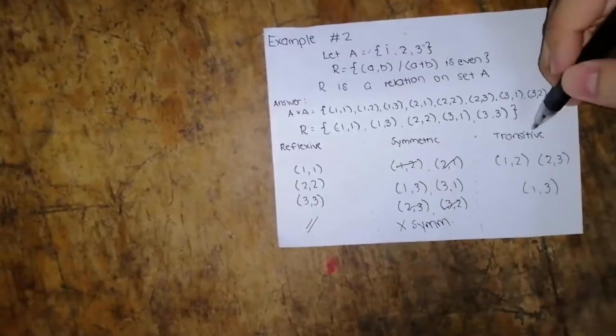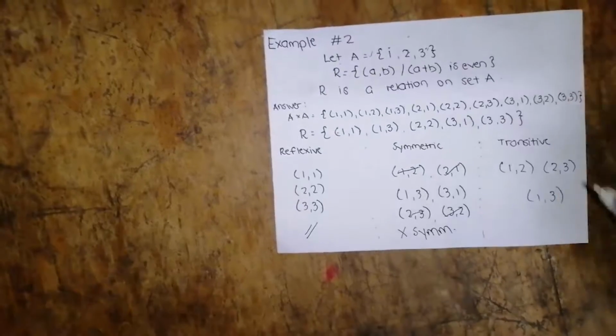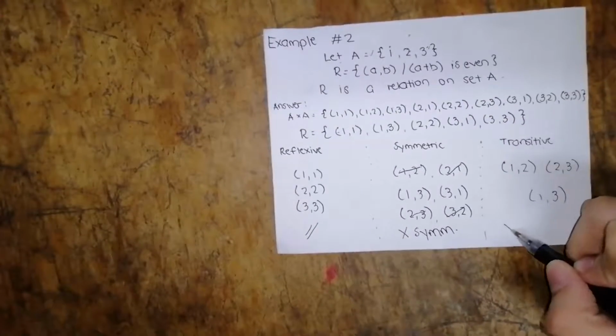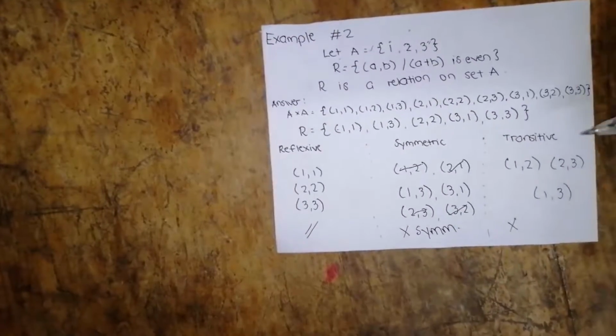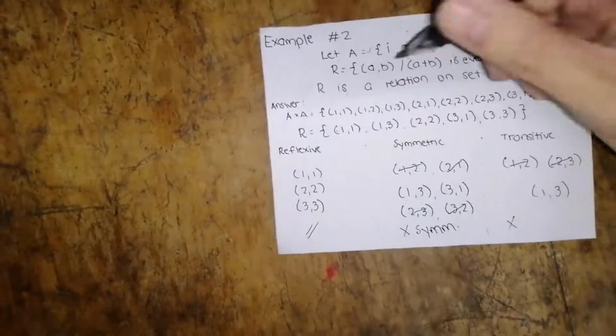So for transitive, we can also say that this is not transitive. Why? Because this ordered pair is not present in relation R.